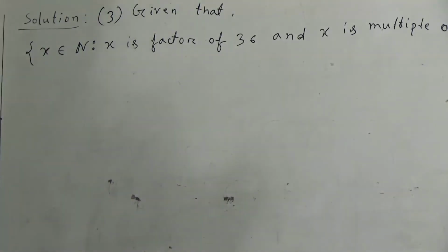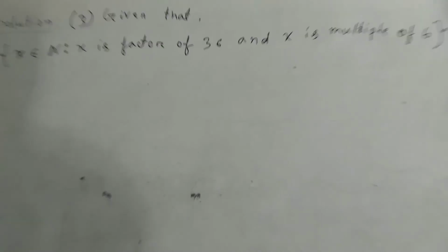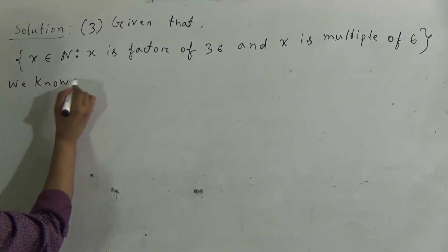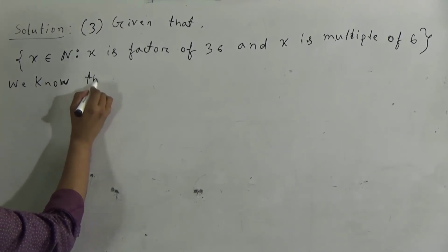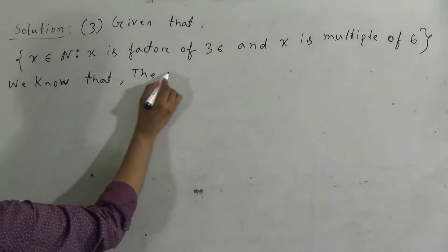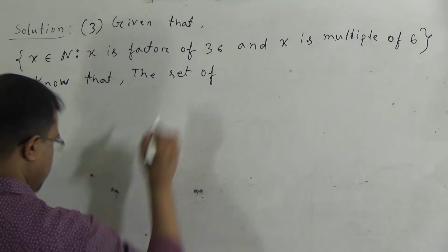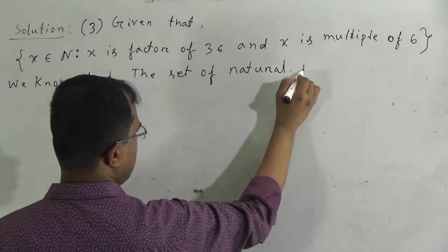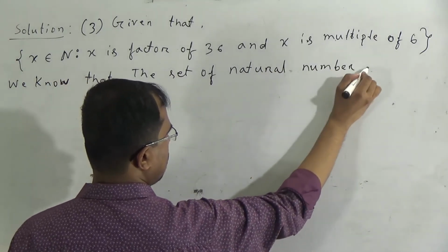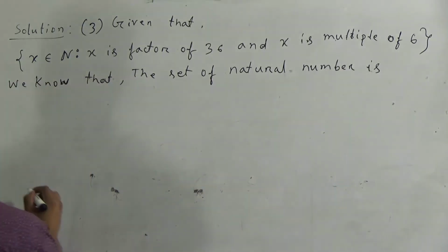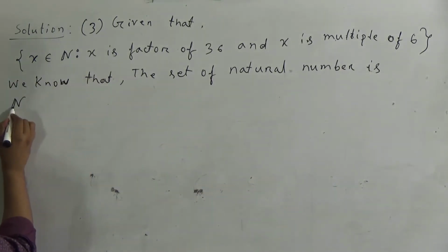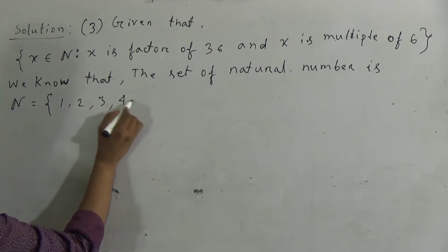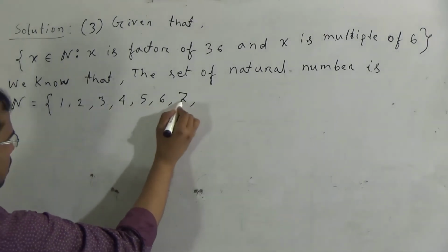At first we will write the set of natural numbers. We know that the set of natural numbers N is equal to 1, 2, 3, 4, 5, 6, 7, and so on.